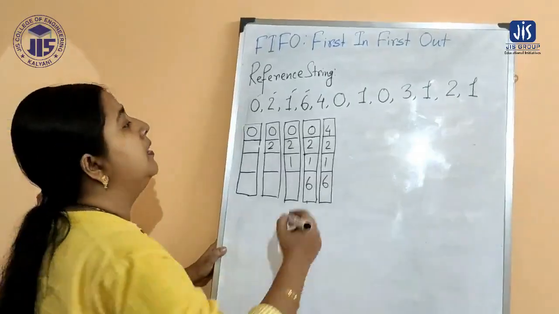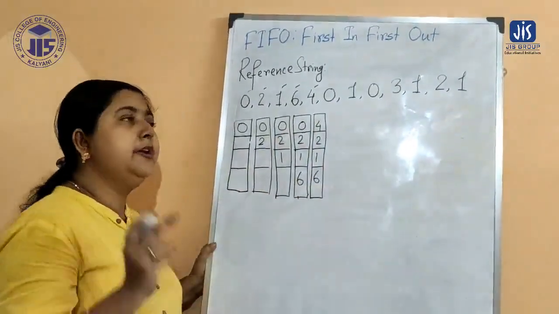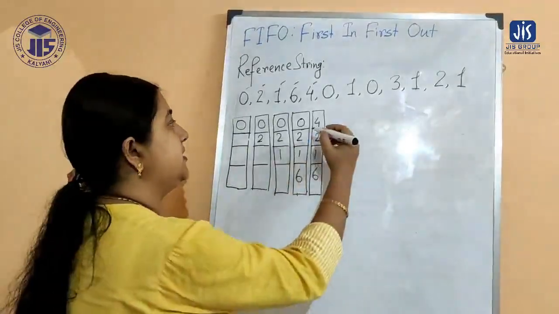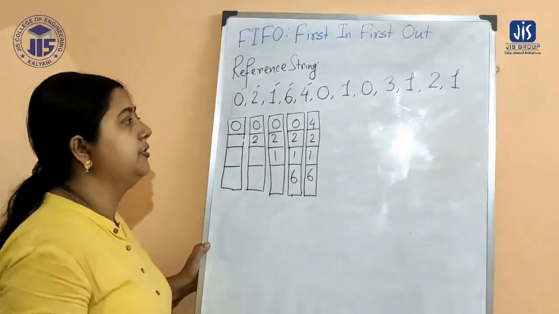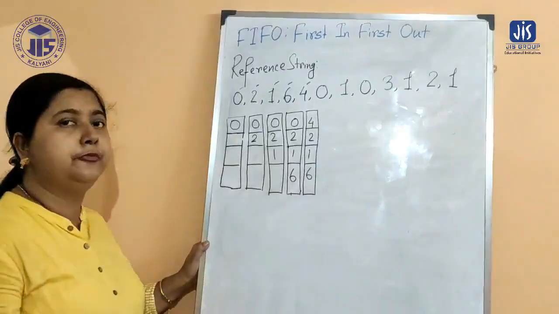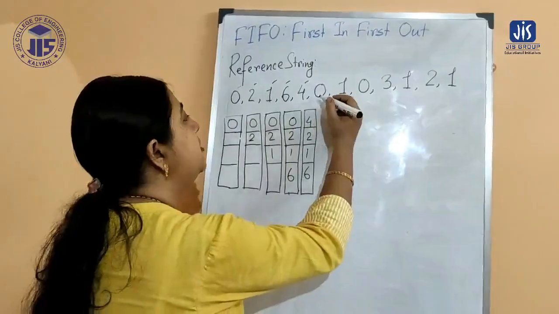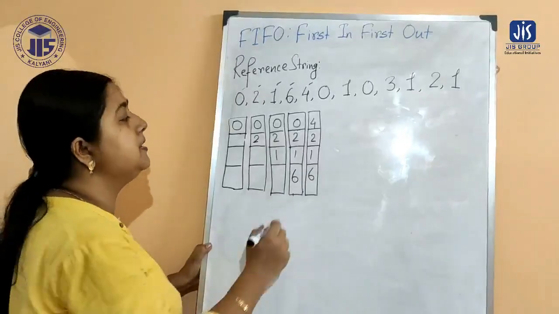Okay. Now after that 0 comes. Again we search whether 0 is already loaded or not. You can see 0 is not present in the 4 frames. So 0 is going to replace one frame again. Which frame is it going to replace?